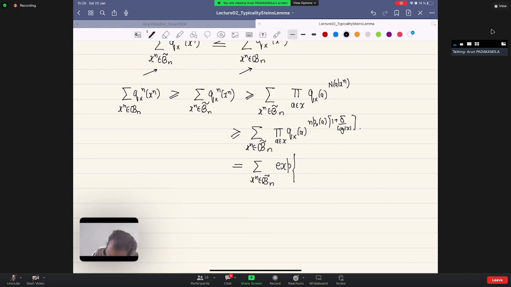So I have something like minus n times sum over A belonging to x, px of A log 1 by qx of A, all this that we did, 1 plus delta by log cardinality of x. So far you observe I have not used the fact that I have 1 minus epsilon, right?